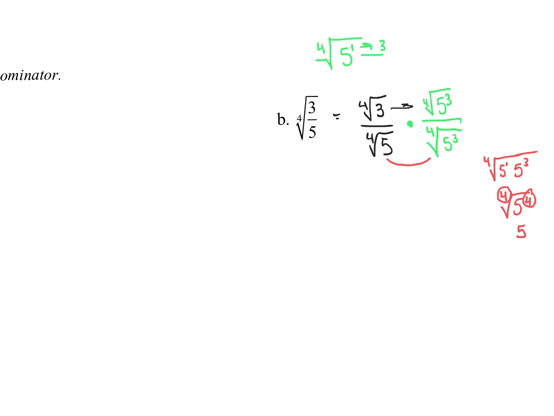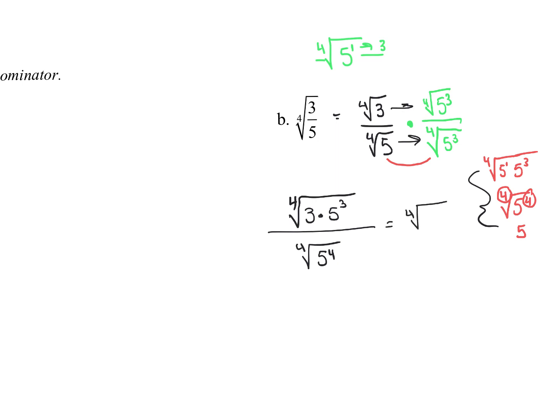Okay, so multiply straight across. So on the top, they both live in the 4th root, so I get the 4th root of 3 times 5 cubed over the 4th root of 5 to the 4th, which we just talked about right here. It's going to undo each other, so I'm going to get the 4th root of 3 times 5 to the 3rd over 5.